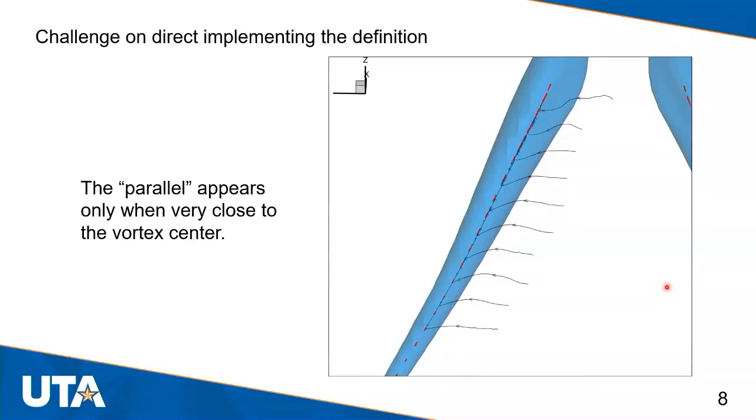Well, also look at this figure. The challenge is that the parallel behavior only exists very close to the vortex center. You can detect parallel there. Otherwise, you can only see the normal, which is perpendicular.